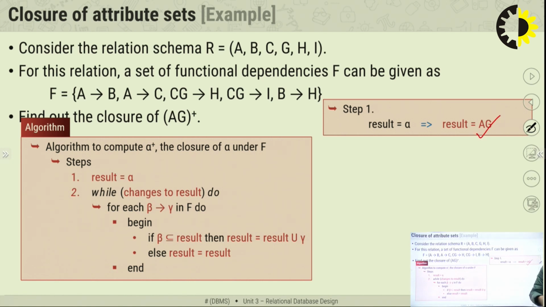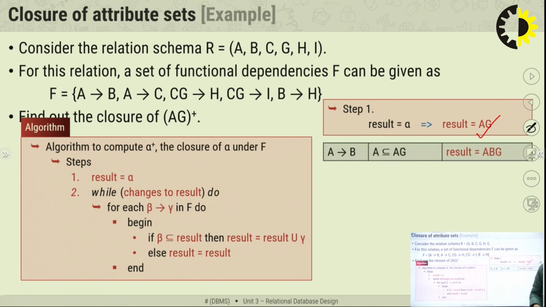Now, second step. The first FD is A determines B. The part on the LHS, A, is a subset of AG.